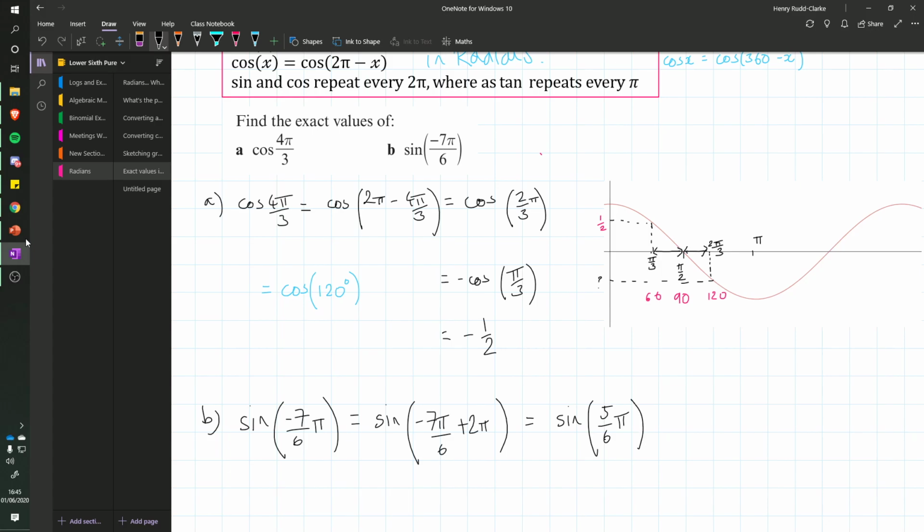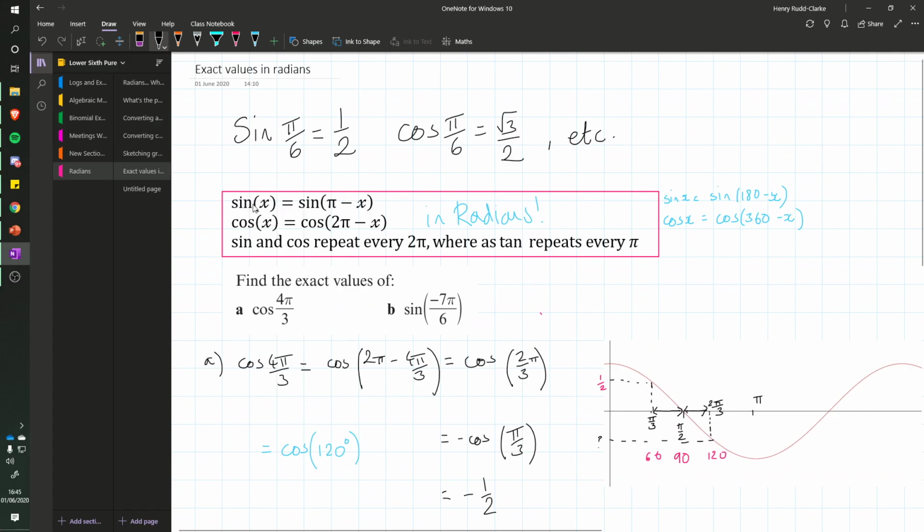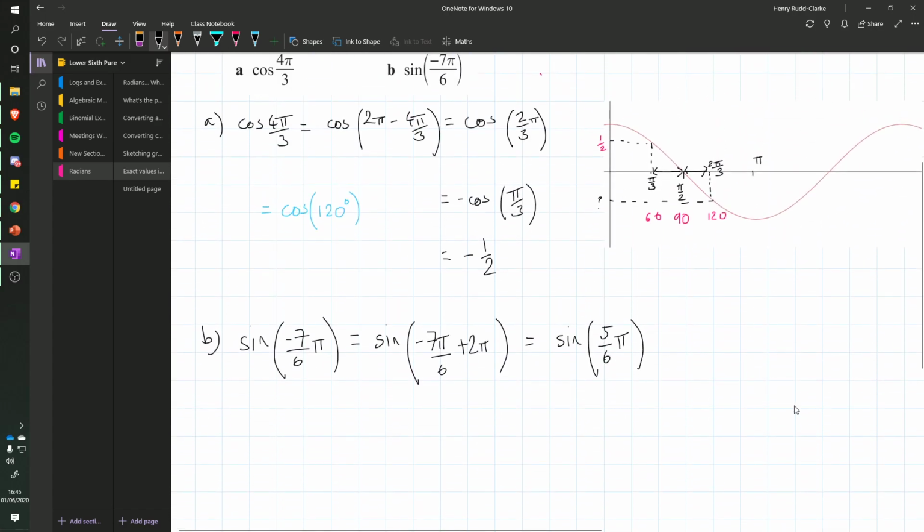Again, usually the most comfortable thing to do here is to think, do I know what the degrees version of this is? Maybe you don't. Maybe it's easier to use this again. Oh look, sine x is equal to sine of pi minus x.